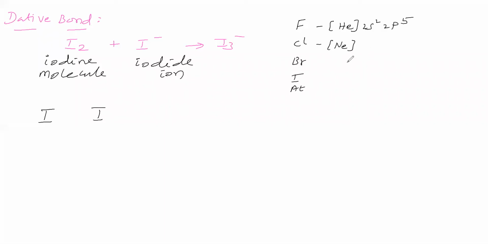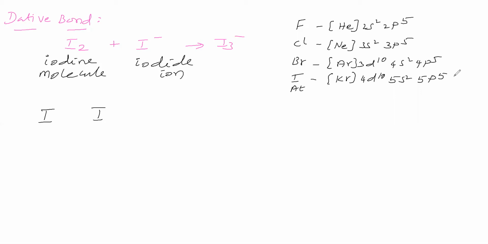Bromine is argon 3d10 4s2 4p5. Before bromine, in that period the first 3d series, the transition elements, d block elements are there, therefore 3d10 we have to write. Iodine we have to write krypton 4d10 5s2 5p5 5d0.